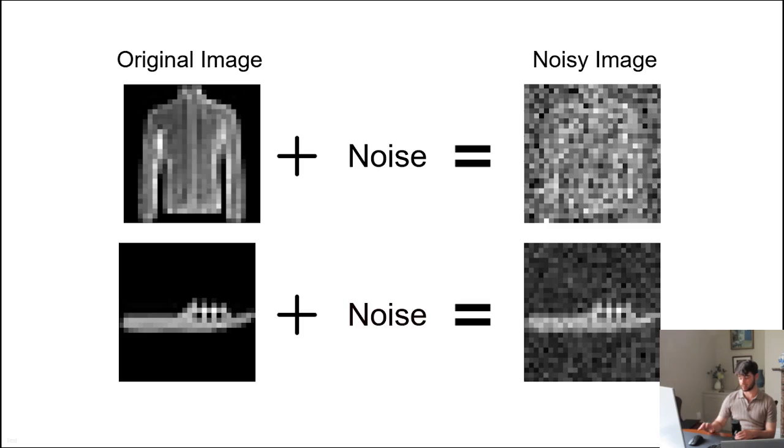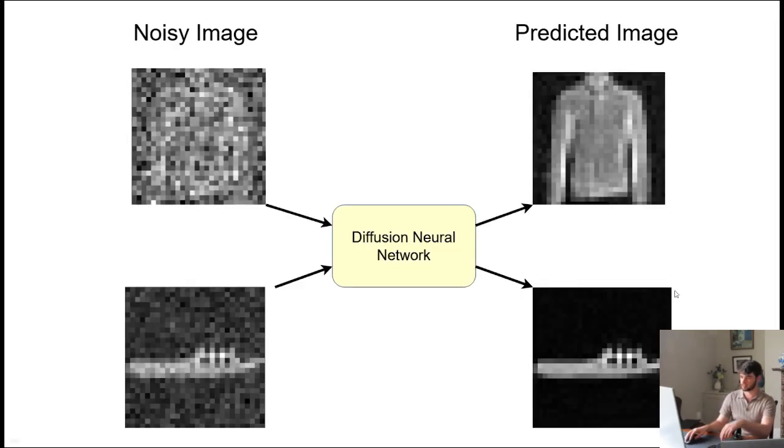We add noise from a Gaussian distribution to cover up the image. Then what we do is we take our noisy images and we train a diffusion neural network to be able to pick up where the underlying image is and where the static noise is.